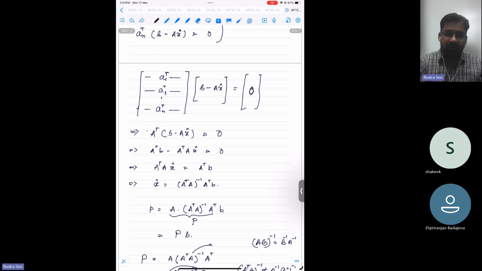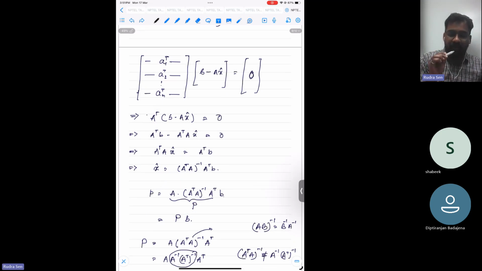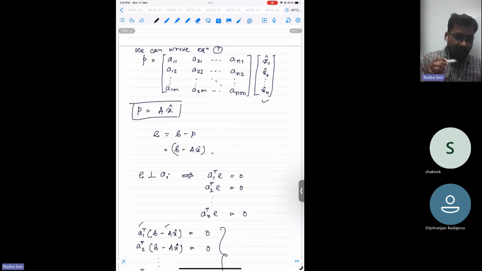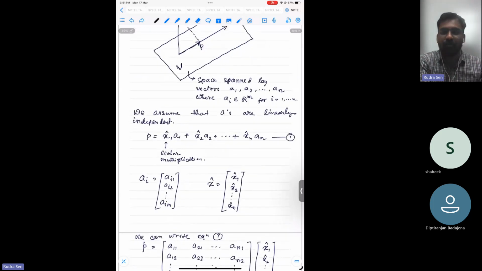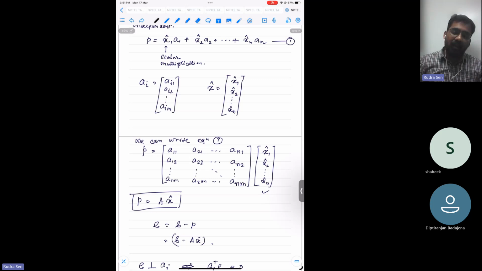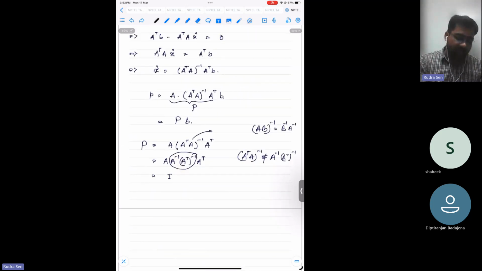But if m equals n, say all the Ai belong to Rn itself, then each Ai has n elements and there are n vectors. Then we can write it like that, and our P matrix will definitely be an identity matrix.